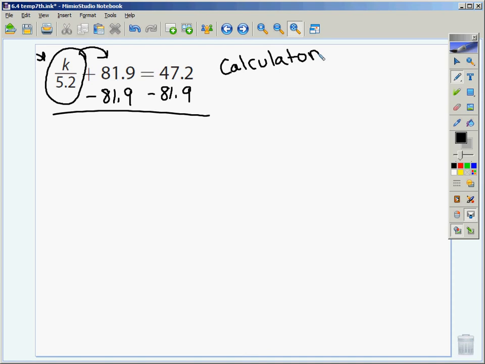I'm going to take 47.2 and I'm going to subtract 81.9. Should my answer be positive or negative? Negative. And it's negative 34.7. And it's equal to this, k over 5.2.